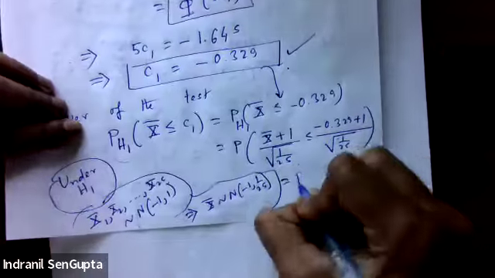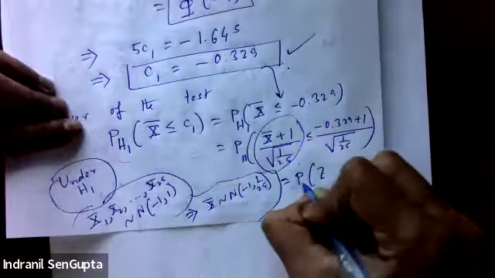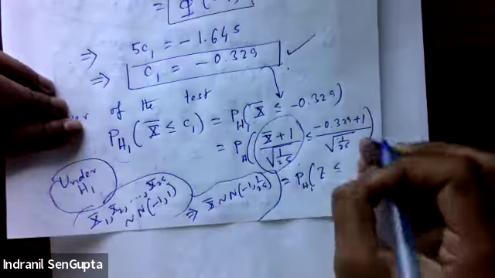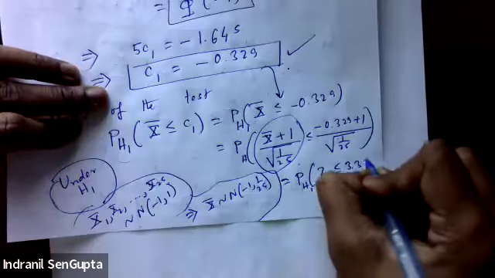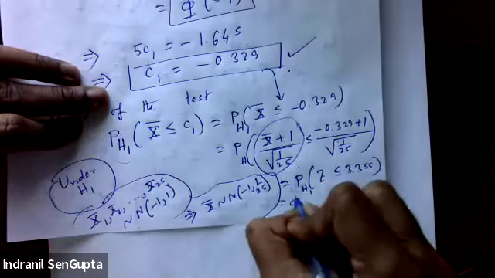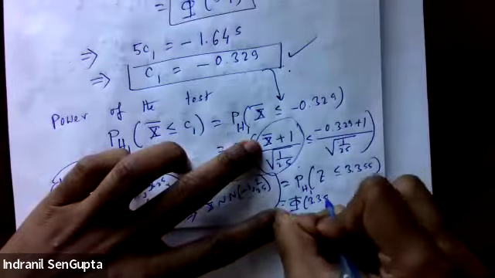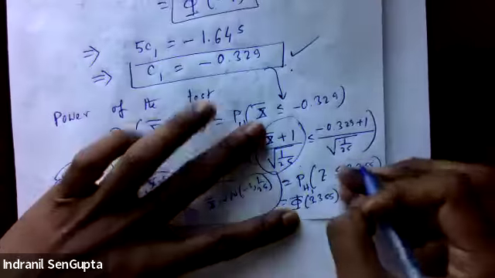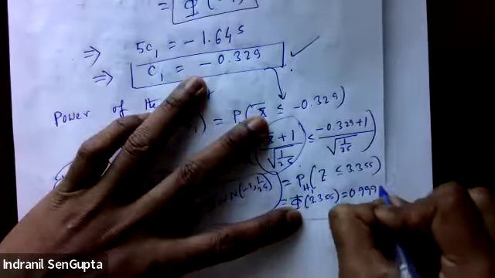If you simplify it, this is nothing but Z under H1, and this number is 3.355. So this is really phi of 3.355, and if you check it from the table, it's 0.9996.